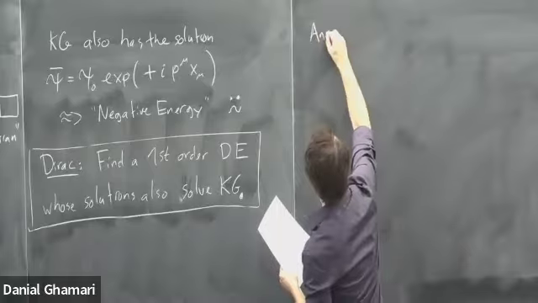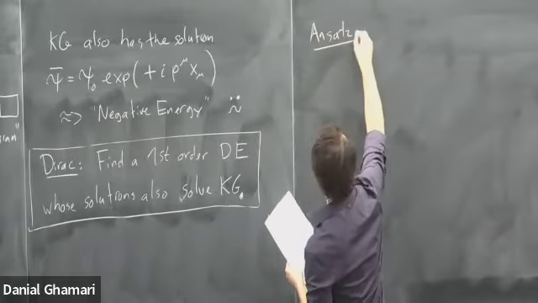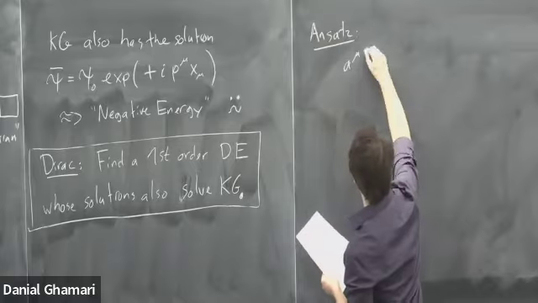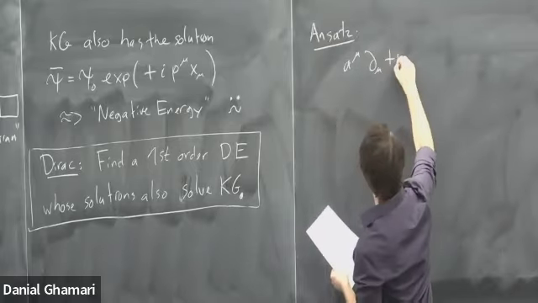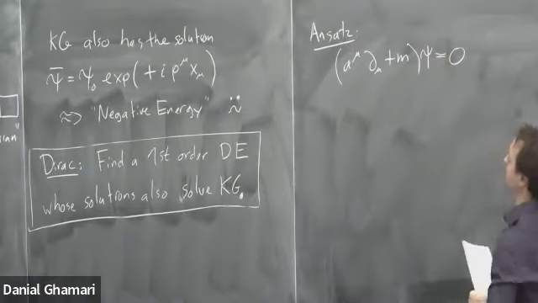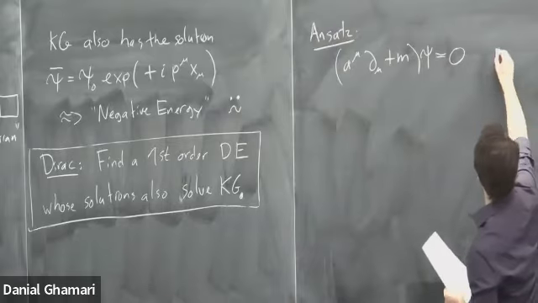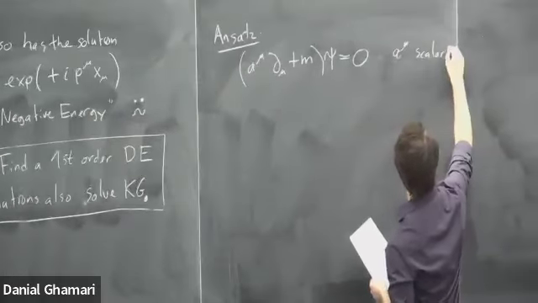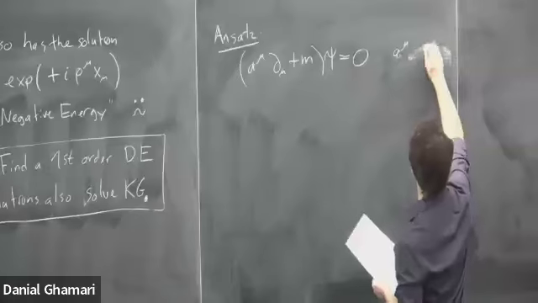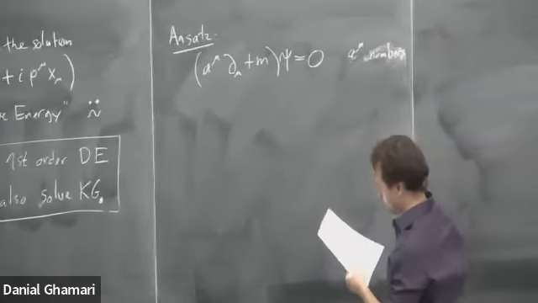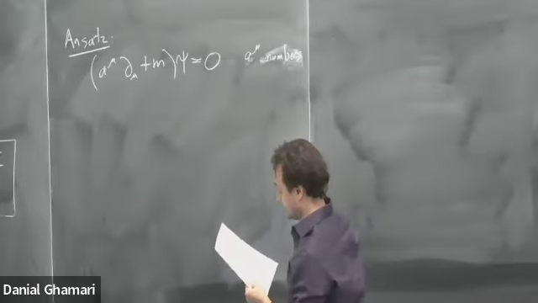So here's what you can try. You try something like A mu, just some vector of coordinates. I'm going to try an equation that has this form, where the A mu are scalars, or just numbers, rather, because we're talking about physics and relativity, so scalar means something really specific. So let's just take these to be numbers.